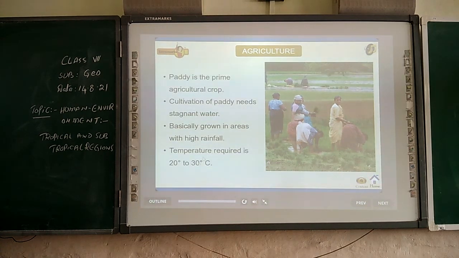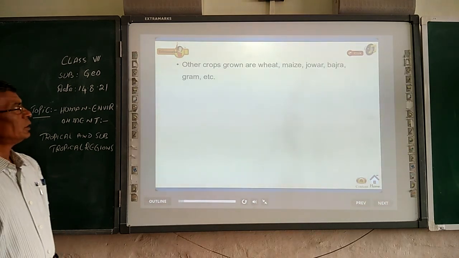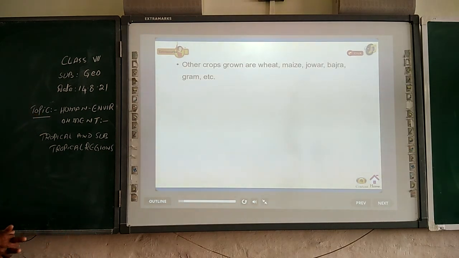It needs stagnant water. Other crops grown are wheat, maize, jowar, bajra, gram, etc. Apart from rice, in this basin, especially the Ganga Brahmaputra basin, they are not only cultivating rice. Apart from that, crops like wheat, maize, jowar, bajra, gram, etc. are grown.